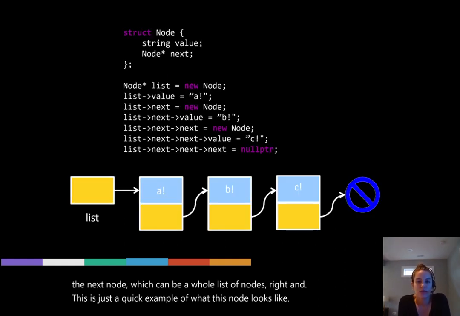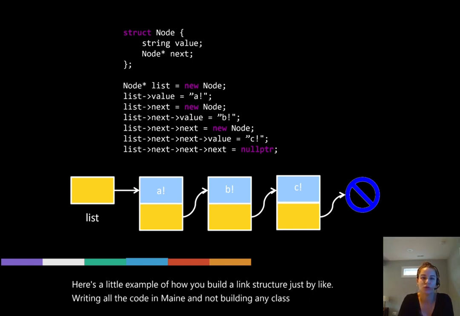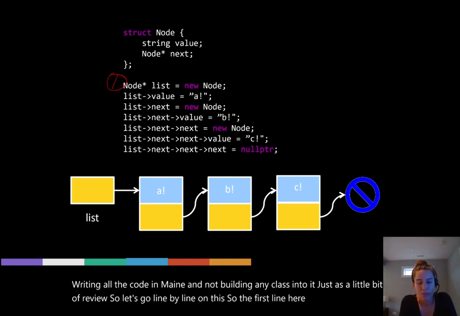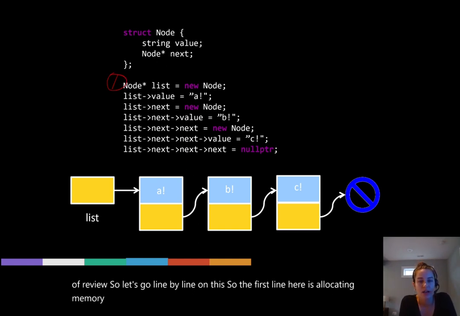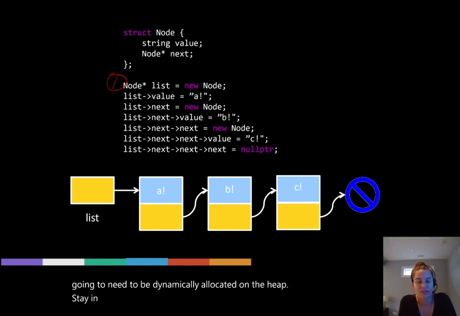Here's a little example of how you build a linked structure just by writing all the code in main and not building any class into it, just as a little bit of review. So let's go line by line on this. The first line here is allocating memory for a new struct. All of the nodes that you create in your class are going to need to be dynamically allocated on the heap, so that they stay in scope throughout the lifespan of the object.